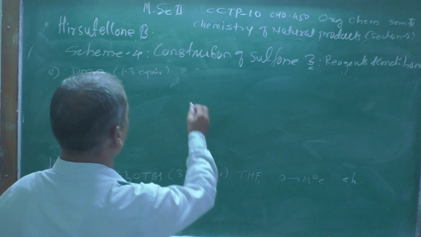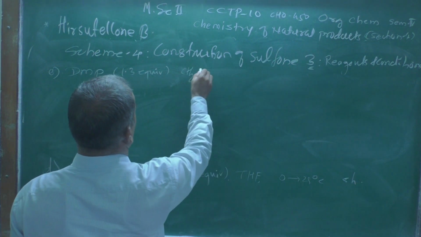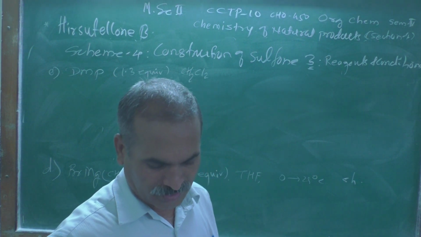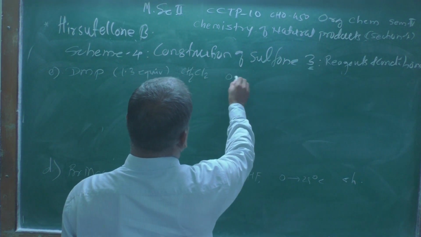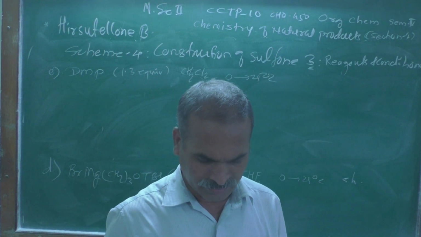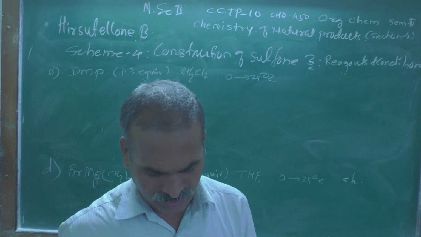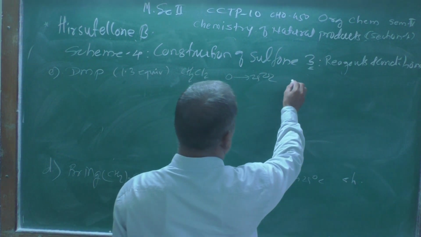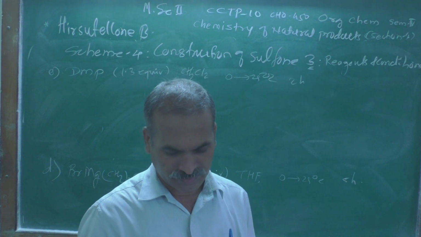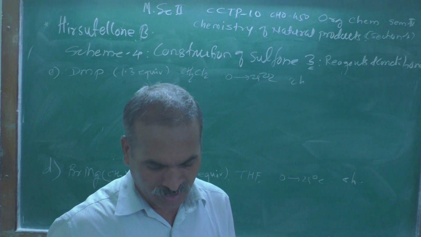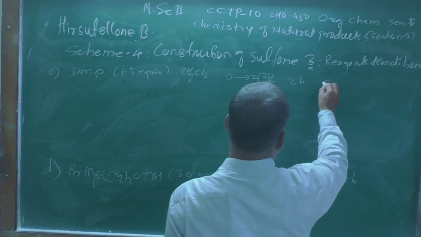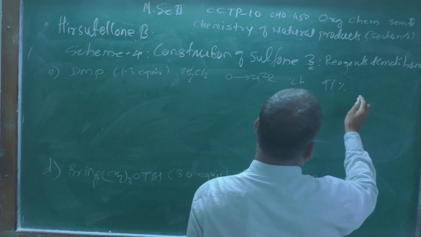Along with it they have used the CH2Cl2 dichloromethane solvent, and the temperature kept 0 to 25 degrees centigrade, and they have stirred that reaction mixture near about 2 hours, and they had got 91% overall yield for 2 steps.